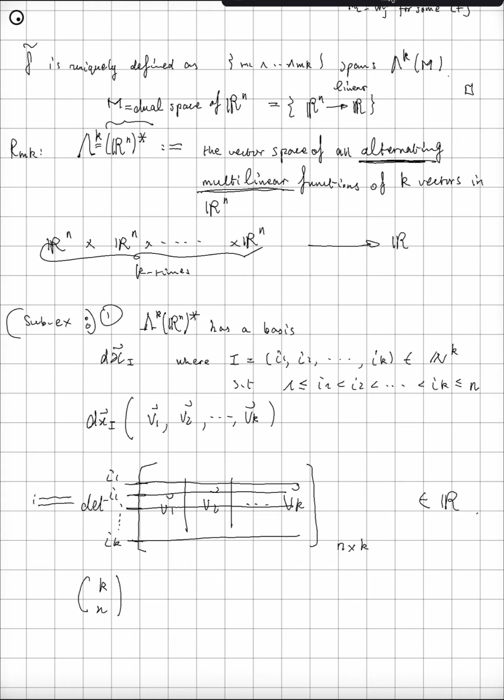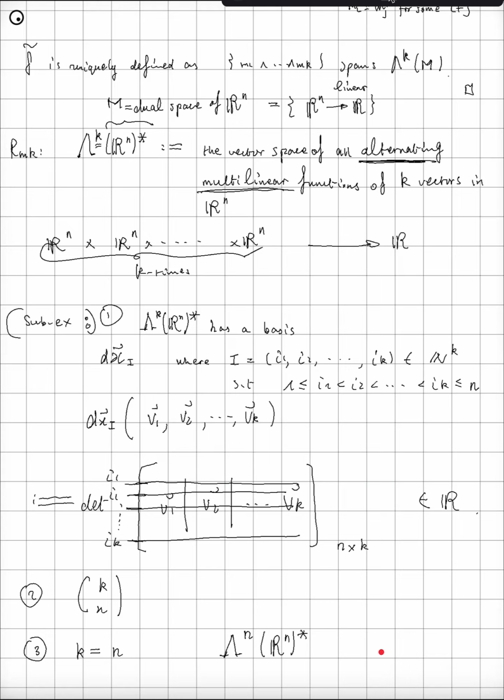And thirdly, let's take one example. When k equals n, what we're talking about here is the n-th exterior power of (R^n)*.